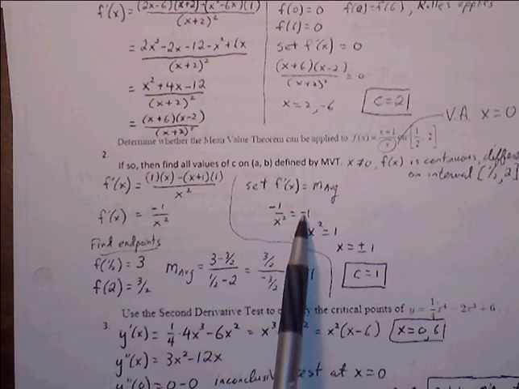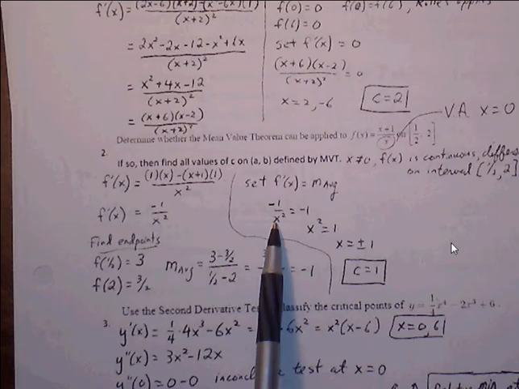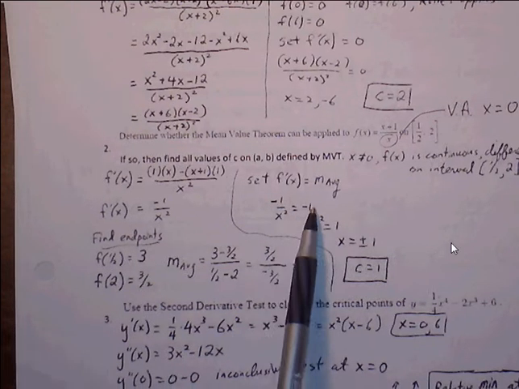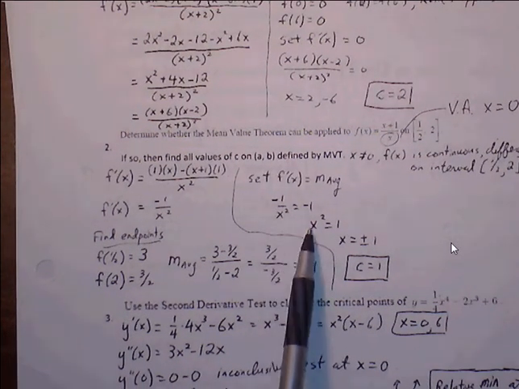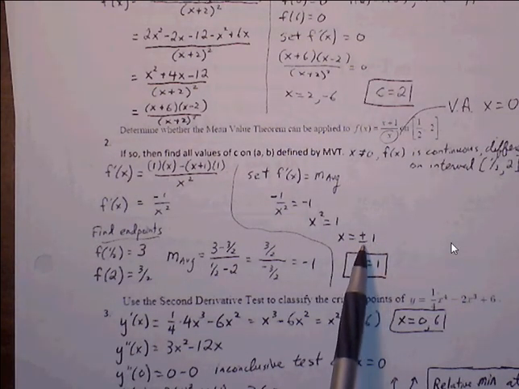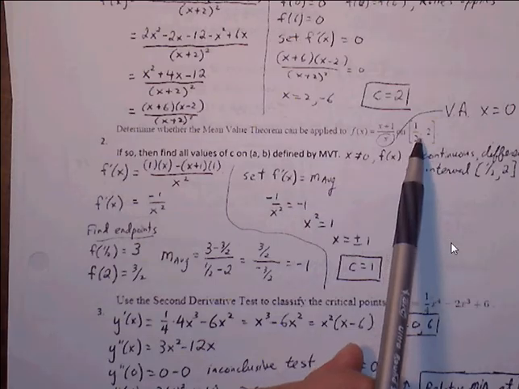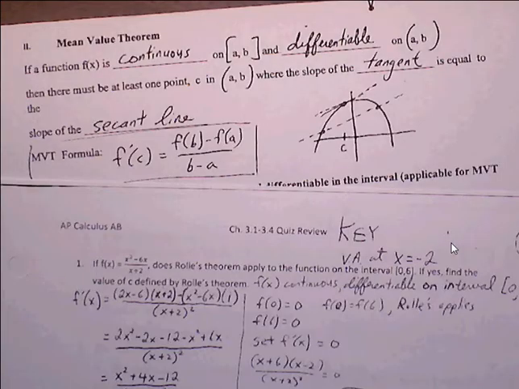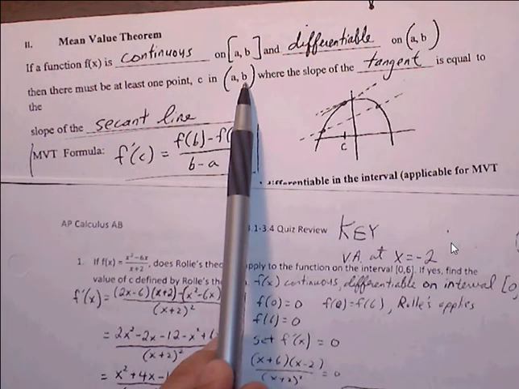So we set negative 1 equal to our derivative function, which is negative 1 over x squared. And we can simply solve for x by cross product. x squared equals 1, so x is equal to plus or minus 1. So c is equal to plus or minus 1. And whatever c value we get, we always have to check it against the interval. The c value has to sit in the open interval between a and b.